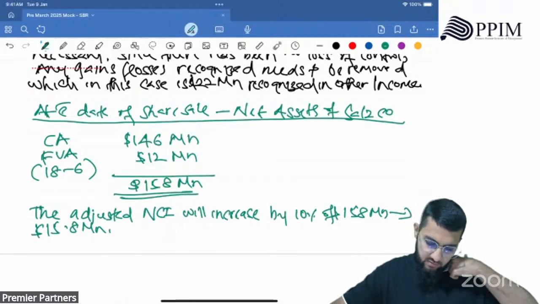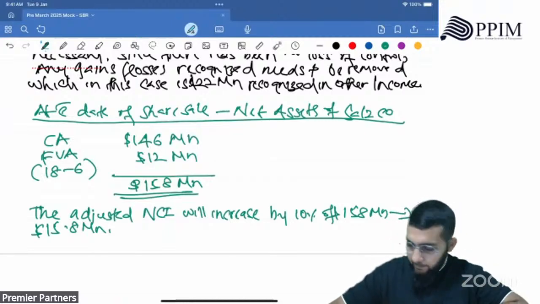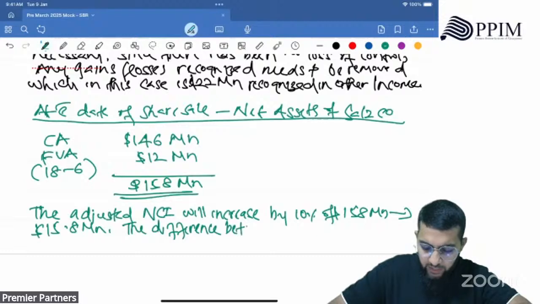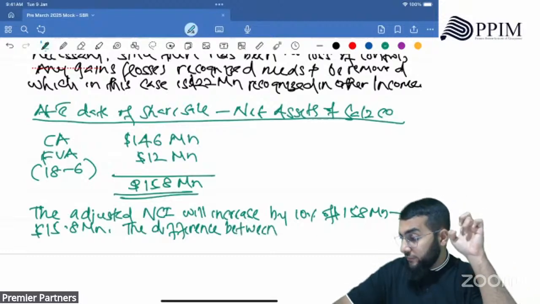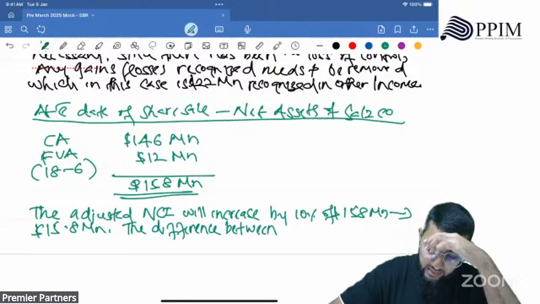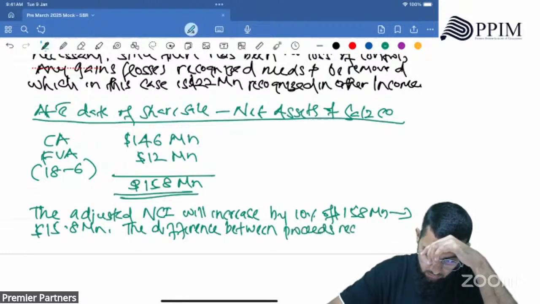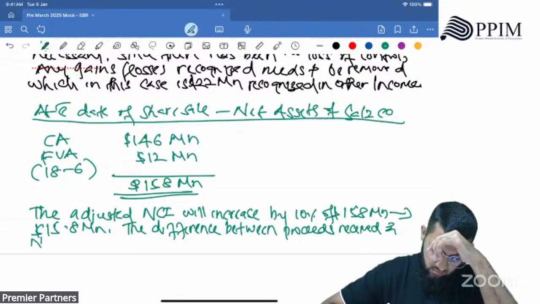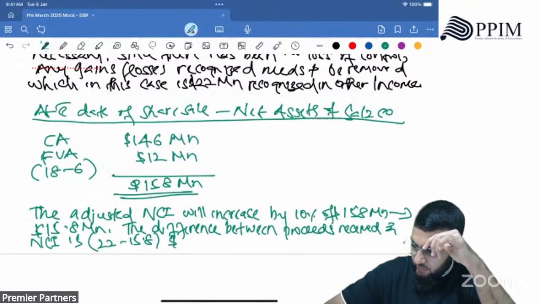The difference between the proceeds received, the 22 million that we have to remove, and the NCI, minus 15.8, is 6.2 million.